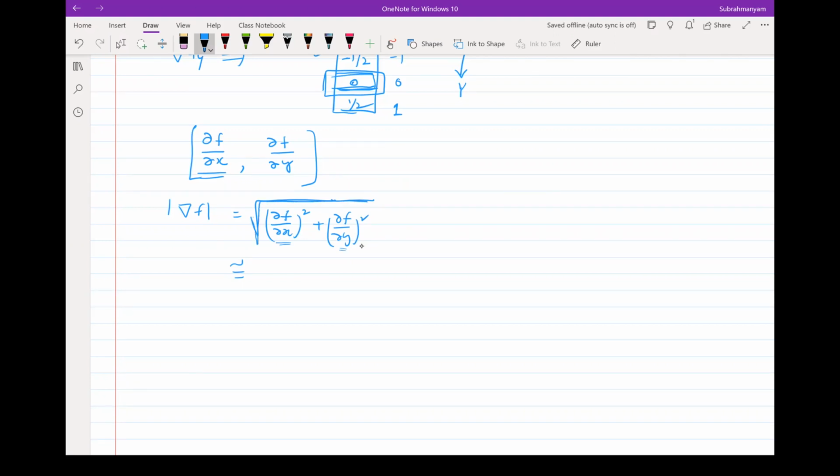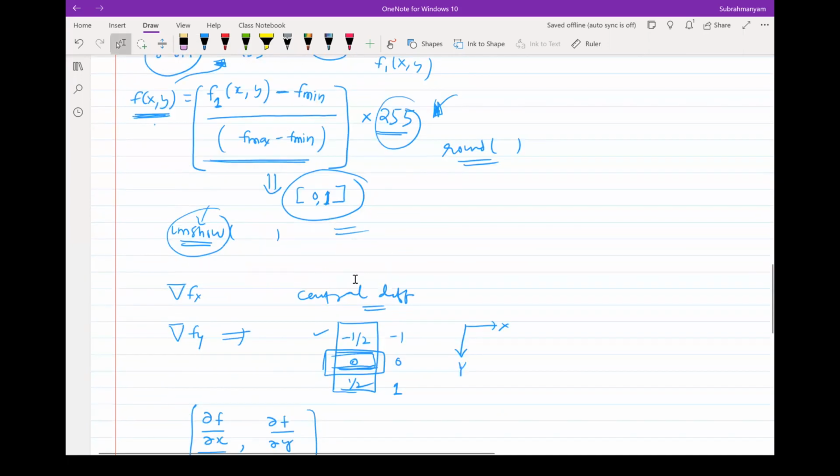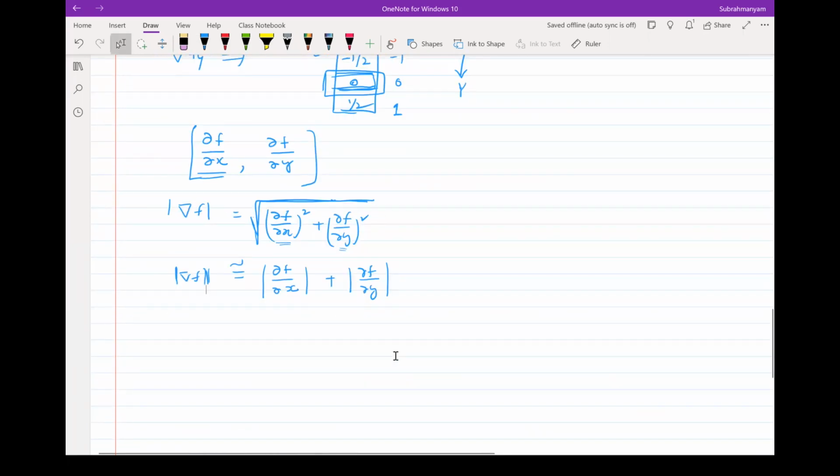So you would usually approximate it with simply the absolute value of dou f by dou x plus the absolute value of dou f by dou y. Irrespective of whether there is a strong edge or not, at every pixel location it will have some value.